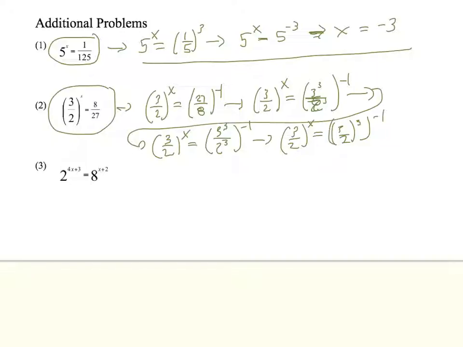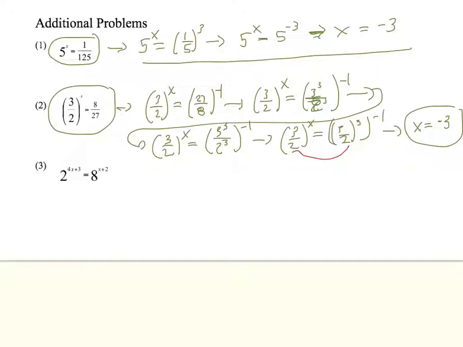And so you can see ultimately that x is equal to minus 3, because 3 times minus 1, the bases are equal, and so then the powers are equal.